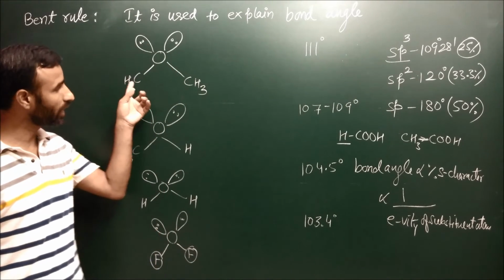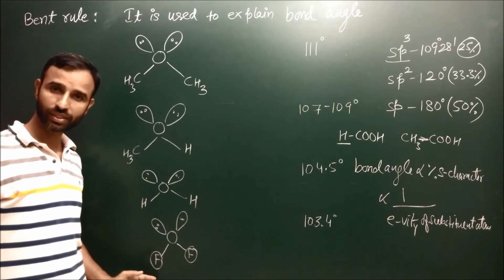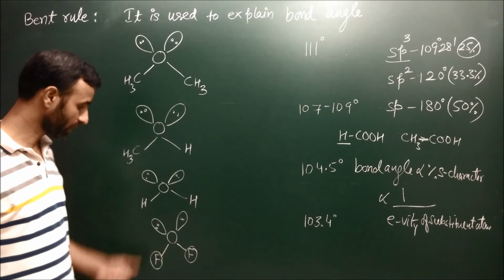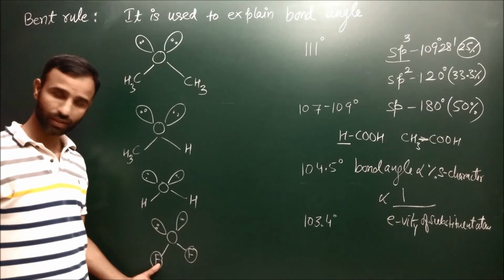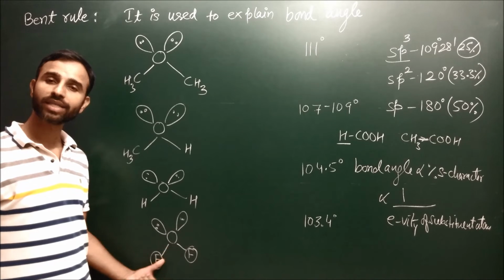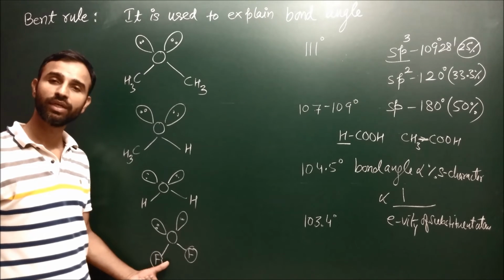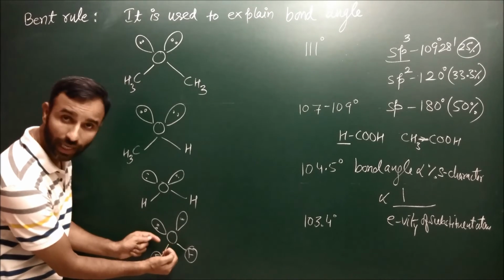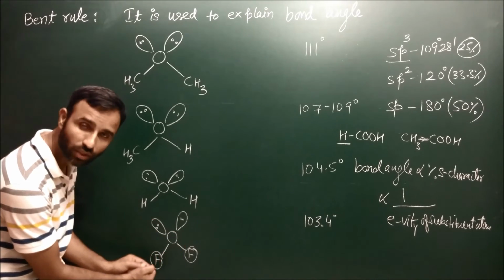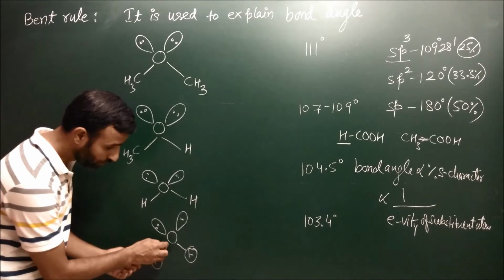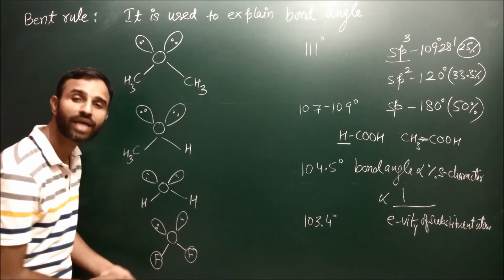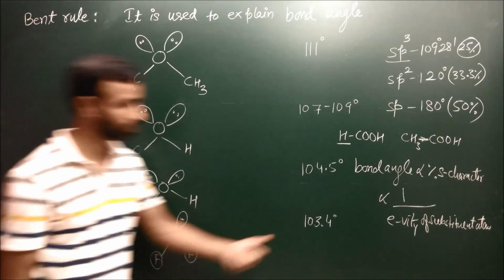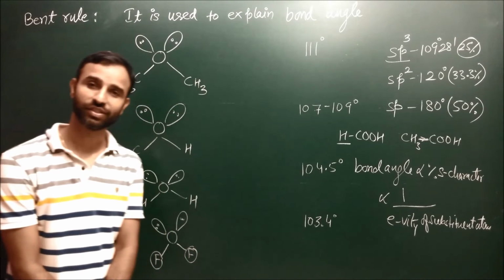So as electronegativity increases, the bond angle decreases, because as electronegativity increases, the percentage of S character in the orbitals decreases, because bonding electrons are more towards the more electronegative atom, and that's why which orbitals are favorable? Those which have less S character, and so the bond angle decreases.